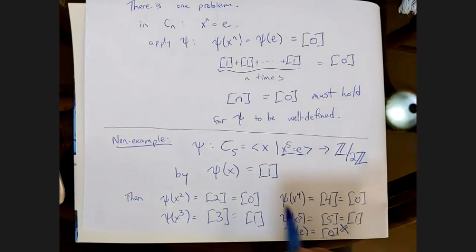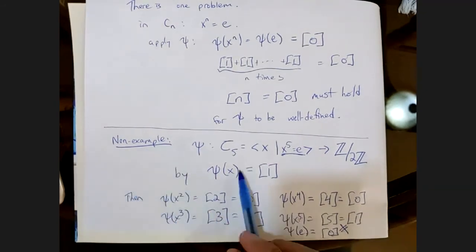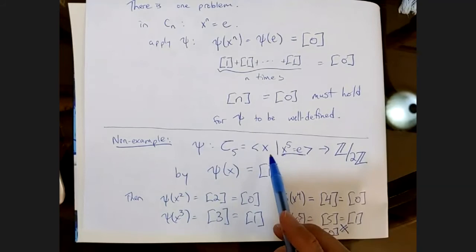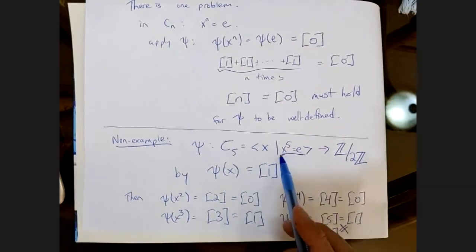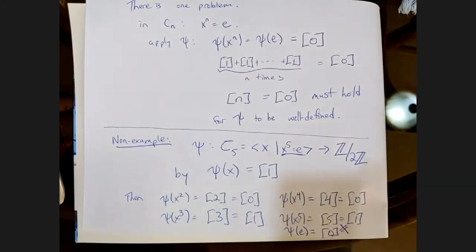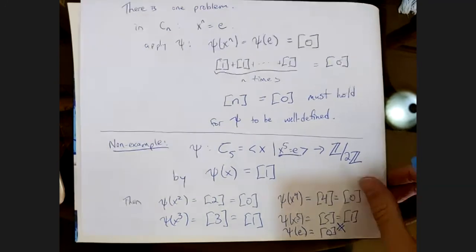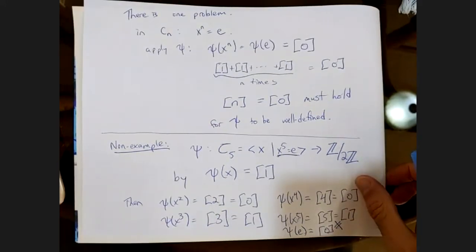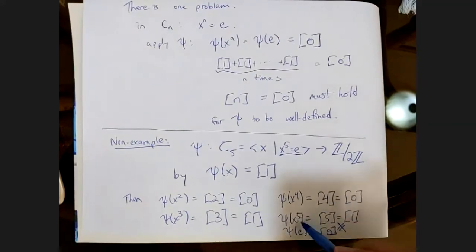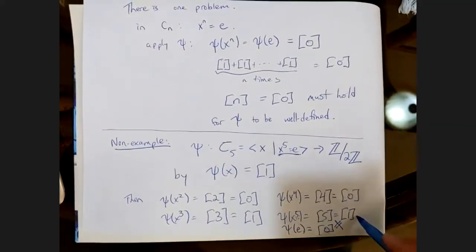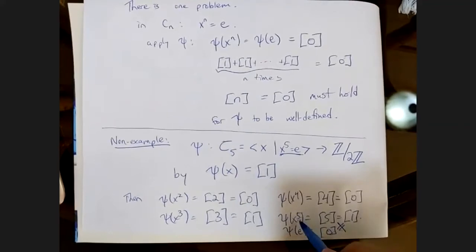So that is why this is a non-example: I didn't check that this relation holds, so I don't get a well-defined function. Right, and again, that just means I have two different values for the same argument. That's bad.